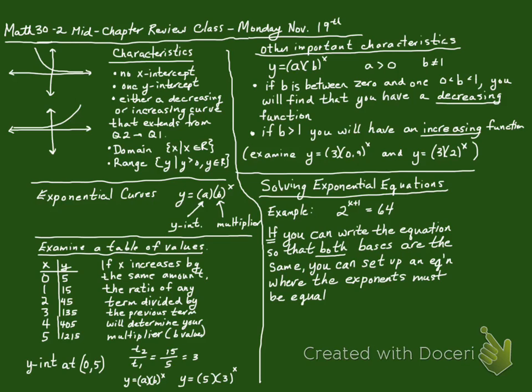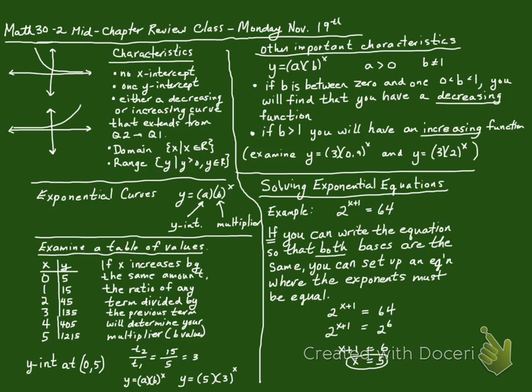In our case, 2 to the power of x plus 1 equals 64 means that if I write 64 as 2 times 2 times 2 times 2 times 2 times 2, I'd write it as 2 to the power of 6 is 64. And 2 to the power of x plus 1 has to equal 2 to the power of 6. So now I've got an equation where the exponents must be equal. x plus 1 equals 6. Taking away 1 from both sides, x equals 5.